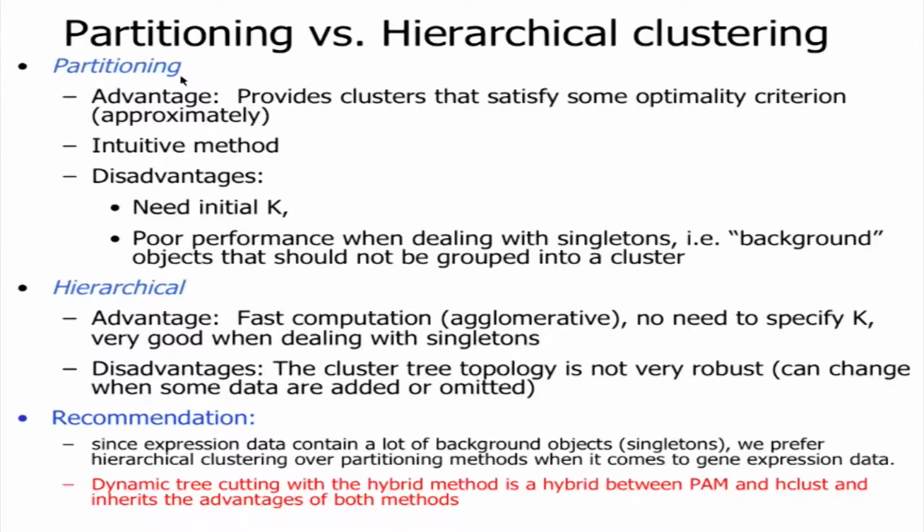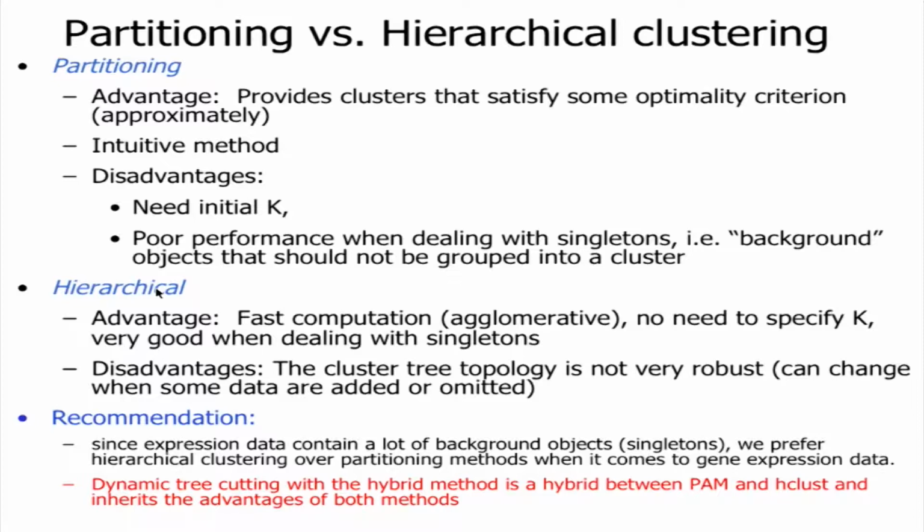The disadvantages are you need to specify the K, the number of clusters, and that's a major limitation in many genomic applications. And the second big disadvantage is that they perform poorly when you have what we call singletons, meaning often objects actually don't form clusters, right? So let's say you have your 50,000 genes, and let's say 20,000 of them can be grouped into clusters, but the remaining 30,000 are background genes.